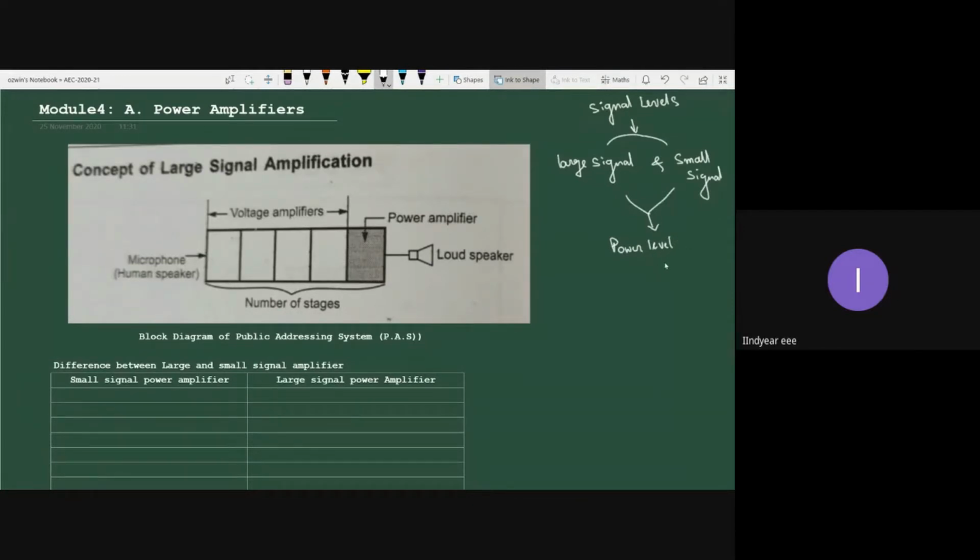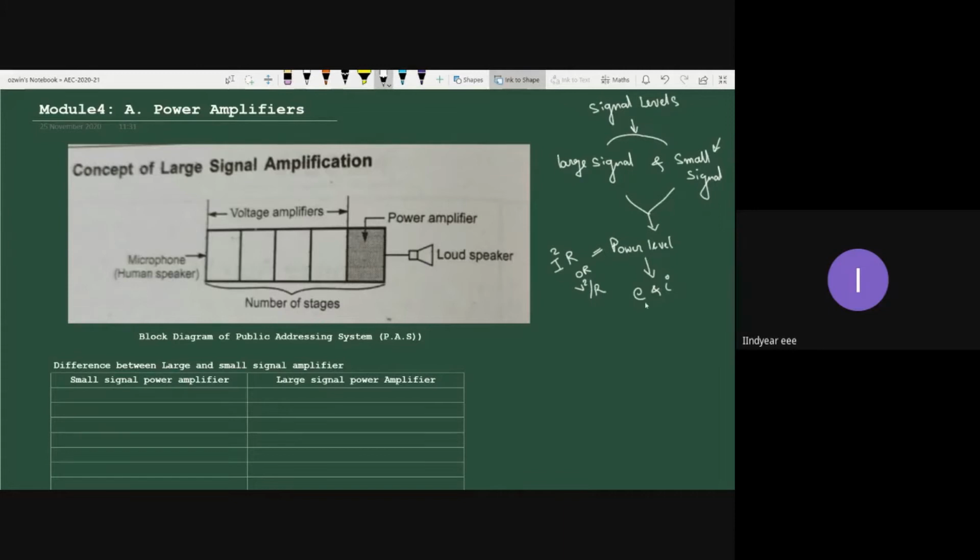Now, what are the constituents of power? The constituents of power are nothing but voltage and current. So, if your voltage and current signals are smaller, obviously your power level is going to be smaller. And whenever we say power, we normally talk about the active power delivered, which is in the form of I square R or V square by R. Now, if V and I are small, you can say that it is a small signal amplifier.